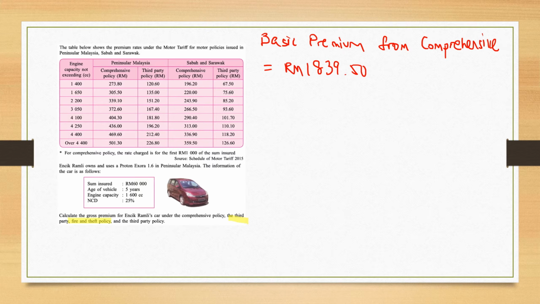Now we can move on to calculate the basic premium for this third-party fire and theft policy. That would be your figure from here times your 75%.